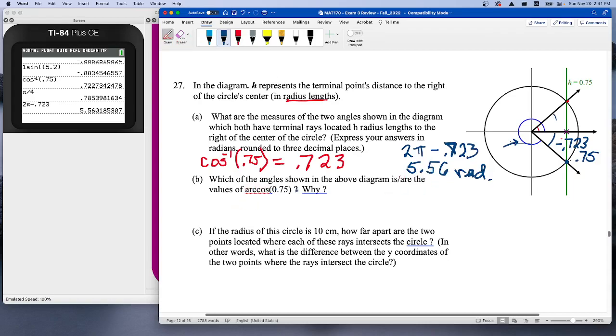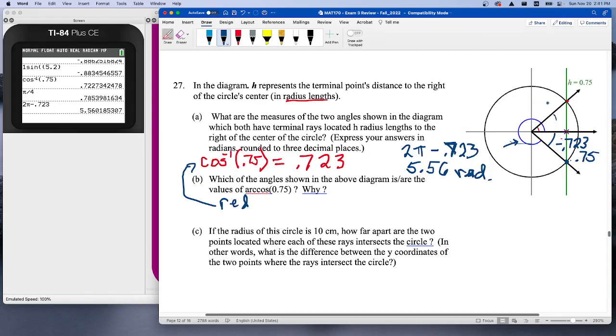Which of these angles shown in the above diagram are the values of arc cosine of this? So the red one, for the reason we talked about: when we use the domain of cosine, we're going from 0 to pi.